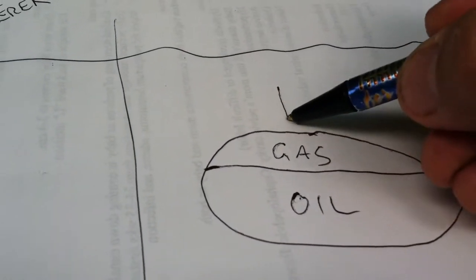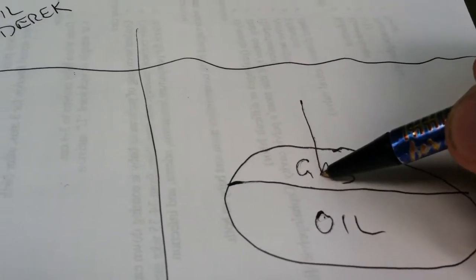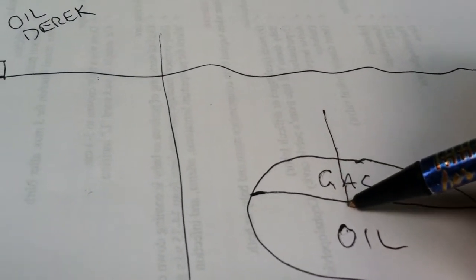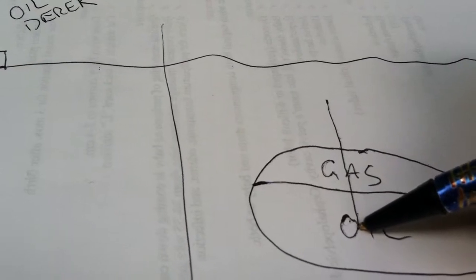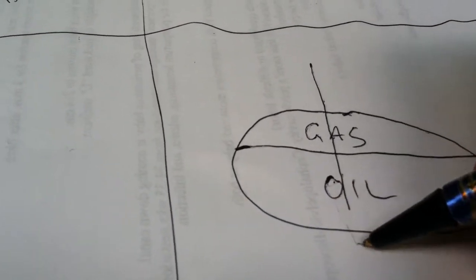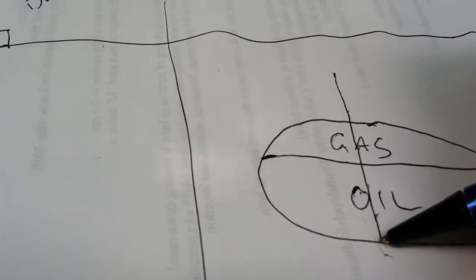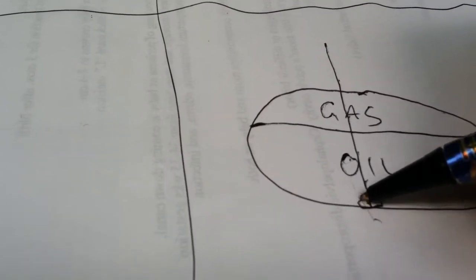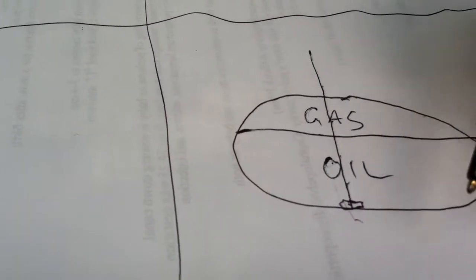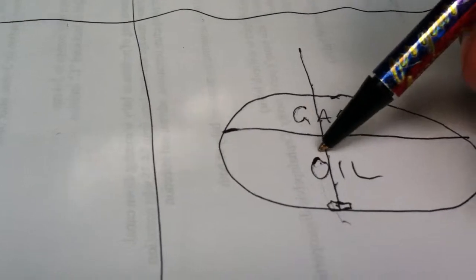So when it comes in, it kind of has to go down into the oil. What they usually do is drop it down as far as they can, so it sucks the oil out.